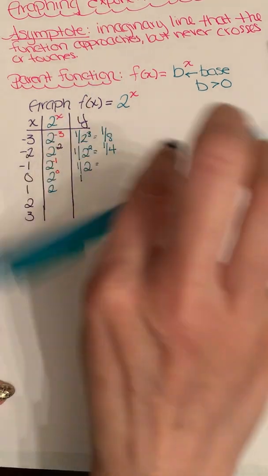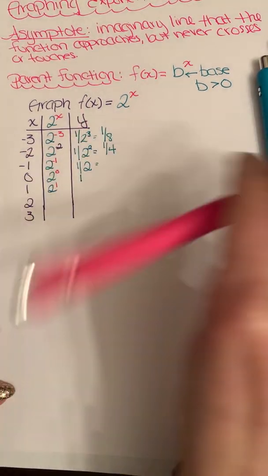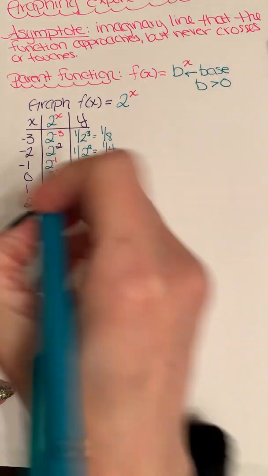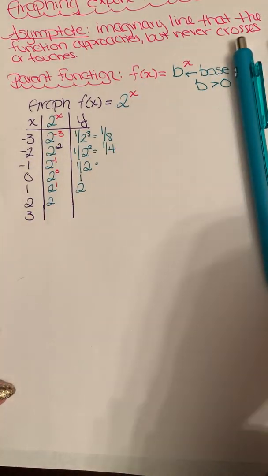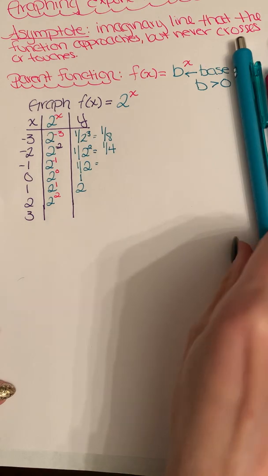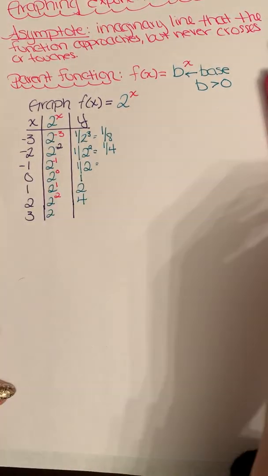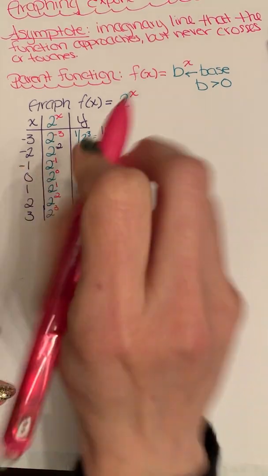Then we have 2 to the 1st, which is 2. Then 2 squared, which is 4. And then 2 to the 3rd, which is 8.